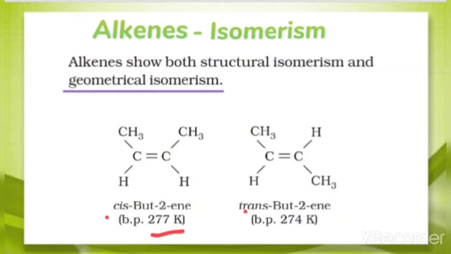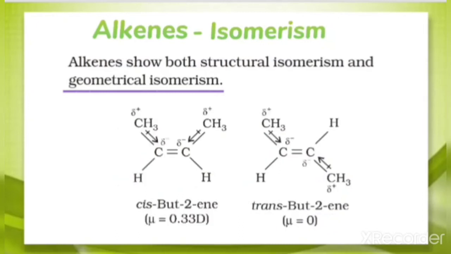And when you look at the boiling point here, they have different boiling points. Since they have different configurations in space, they have different properties like boiling point. They also show differences in dipole moment, and you can see that value here. In the trans form, the CH3 groups are on the opposite side, so when you make the arrows showing the bond dipoles, they cancel each other.